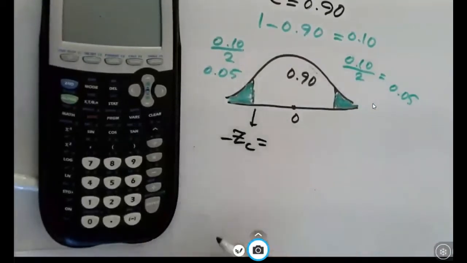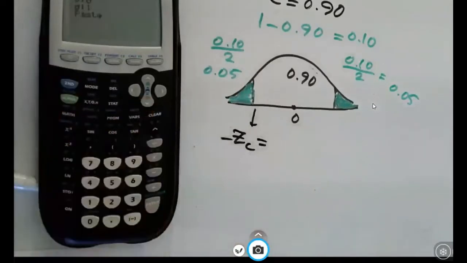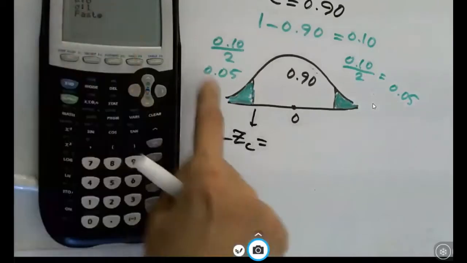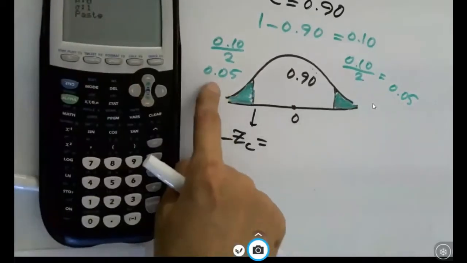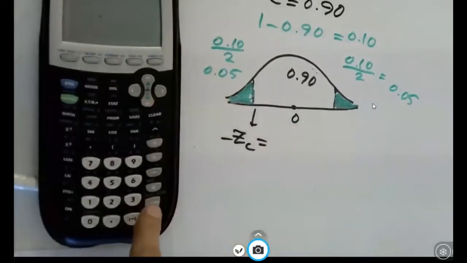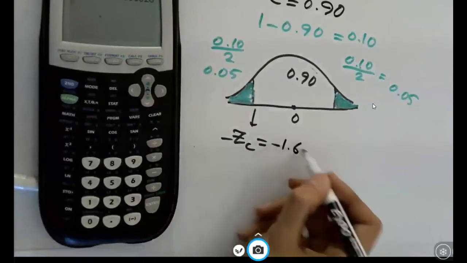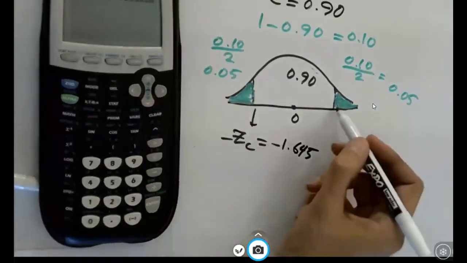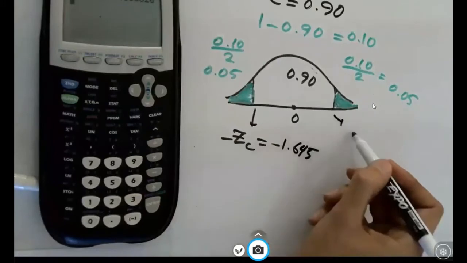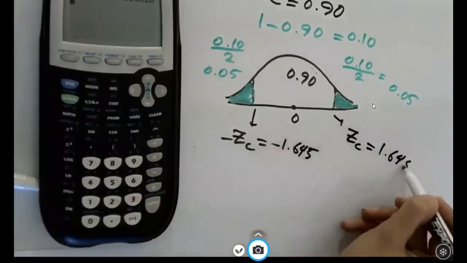negative z sub c, we're going to use our calculator, inverse norm. So second, inverse norm. So here we have the area, the probability, which is 5%, and the mean is 0, standard deviation is 1. So enter, enter. And here we have negative 1.645. Because of symmetry, this number on the right-hand side is positive 1.645.